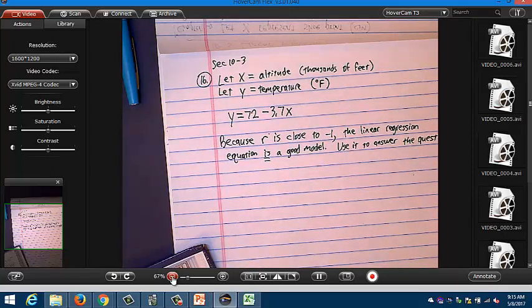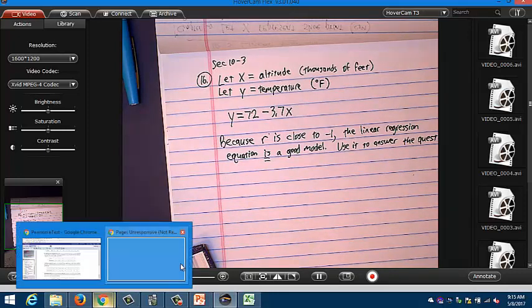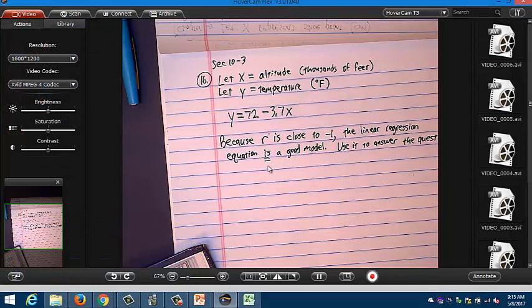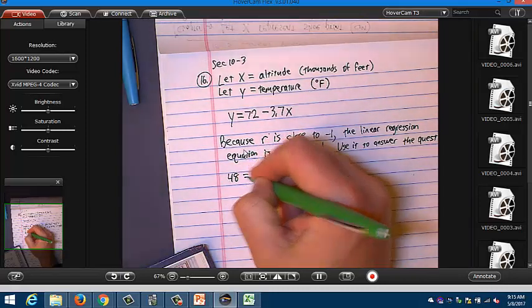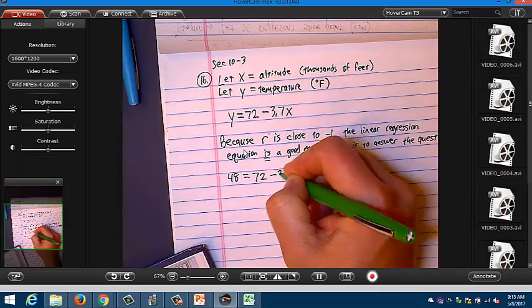They asked what it would be if it was 48 degrees Fahrenheit. Oh, wait a minute, I'm putting that in for Y, right? So sometimes you have to put the value in for Y rather than X. So I would put my 48 here. 48 equals 72 minus 3.7x.